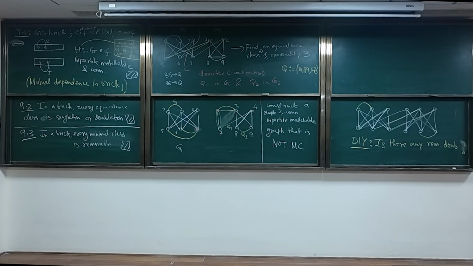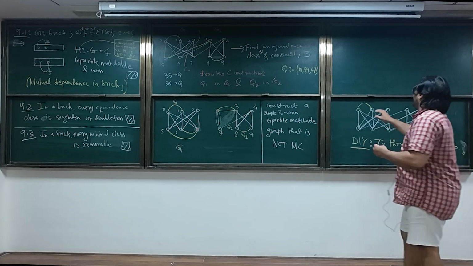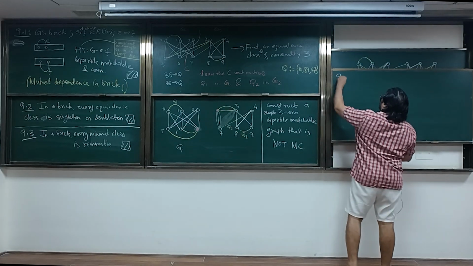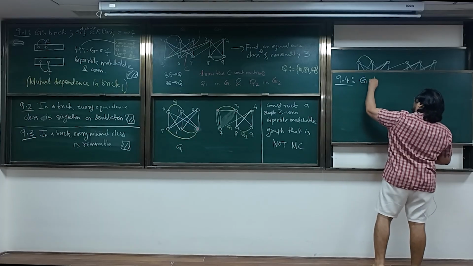If I give you two distinct equivalence classes, each of cardinality 2, then what is the union? G is a brick.